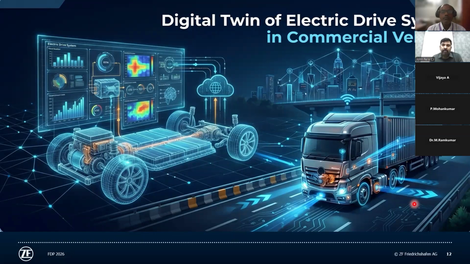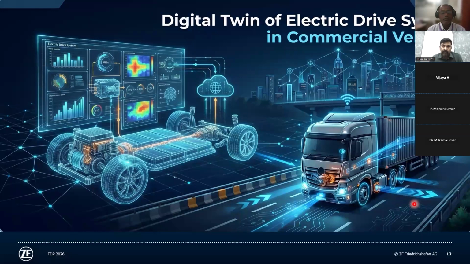The best example is our electric drive system. In a heavy-duty truck, the electric drive system is one of the most complex subsystems inside the vehicle, even beyond the transmission. We have never seen such a complex system in the past. Given the level of complexity in integrating such a system, and given that the technology is new and the application of an electric drive system in a heavy-duty truck is also new, we believe that a digital twin setup will have different uses.